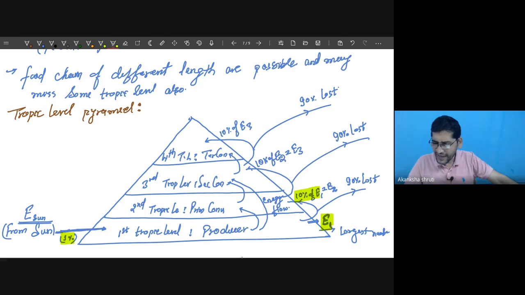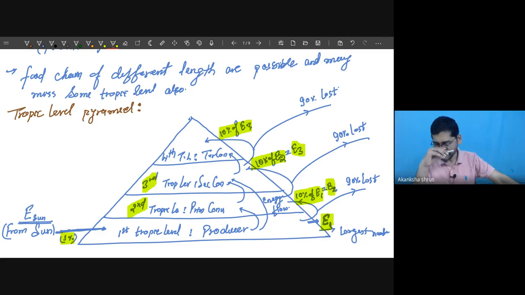Only this much will be available for the second trophic level. Of the energy in the second trophic level, only 10% will pass to the third trophic level. The remaining 90% will be lost. For the fourth trophic level, again 10% of the energy from the third trophic level can reach the top.